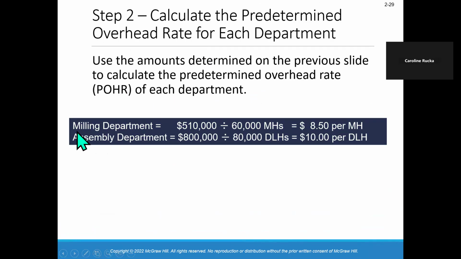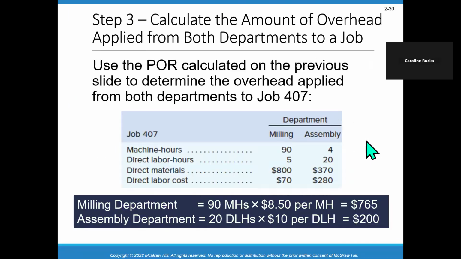So our milling department, 510,000 divided by 60,000 machine hours, $8.50 per machine hour. Assembly department, 800,000 divided by 80,000 gives us $10 per direct labor hour.